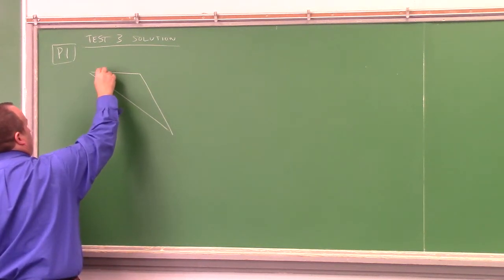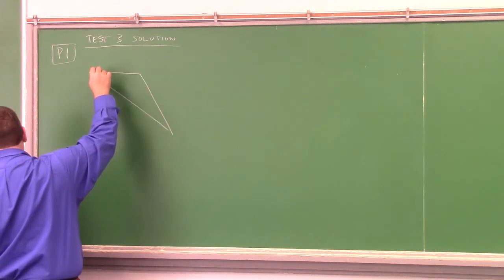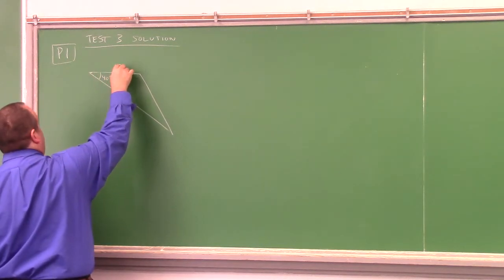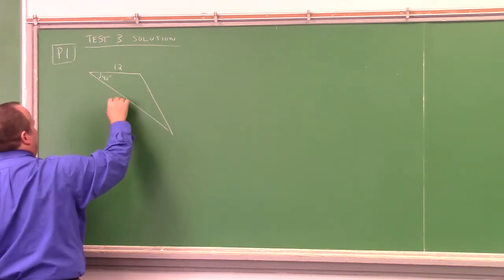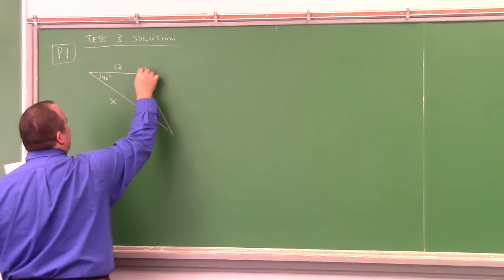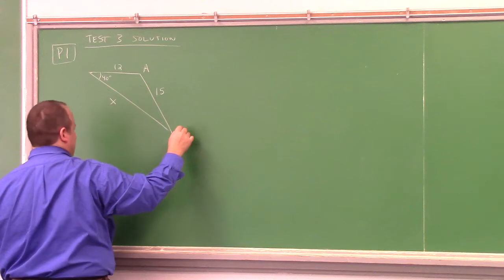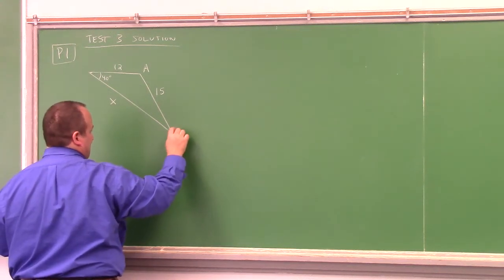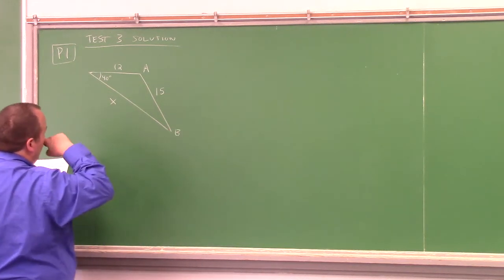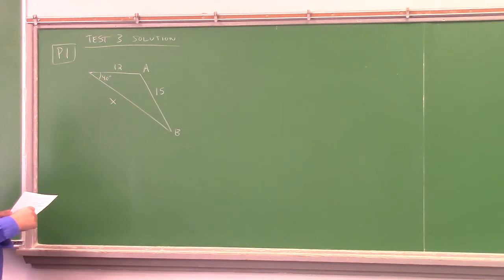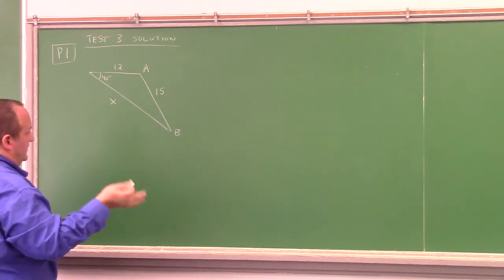The Pythagorean identity only applies to right triangles. This is not a right triangle. It looked right enough. Well, anyway, it's not a right triangle, so you can't use it. So I'll show you 2 solutions, all right?